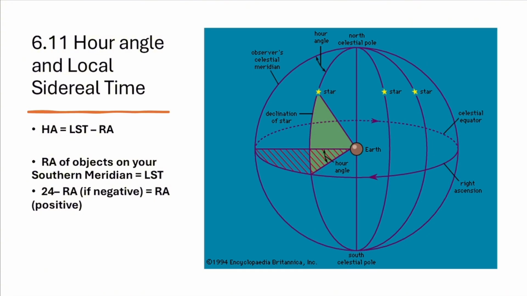So when an object culminates on the southern meridian, its right ascension will equal the current local sidereal time. So say the current local sidereal time is 11:41, the right ascension of an object culminating will be 11 hours 41 minutes.